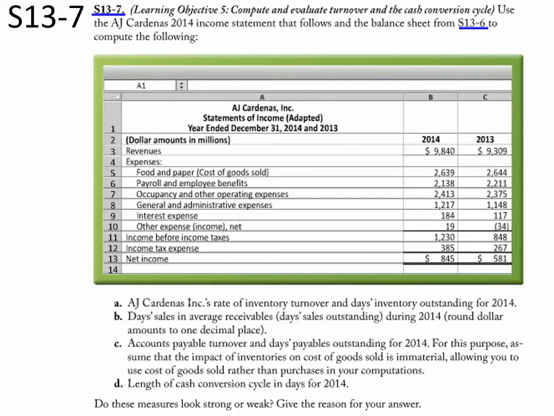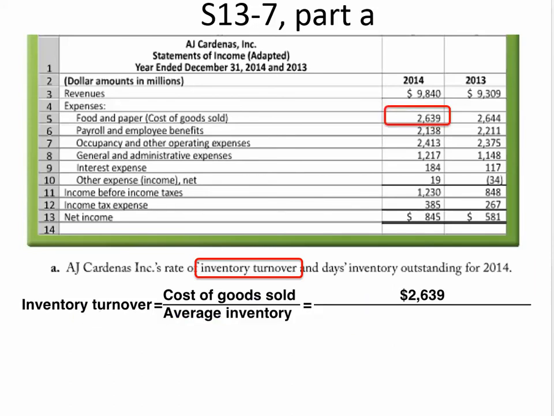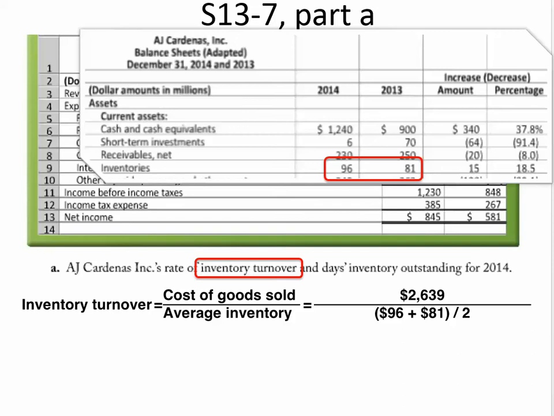So we're going to get started. This is just applying the equations to each one of these. The inventory turnover ratio is calculated as cost of goods sold divided by average inventory. So when we do that, we're going to take cost of goods sold of $2,639, and divide by average inventory. Now, something to note here with average inventory, we're going to take 2014 end of year plus 2013 end of year, add those together and divide by 2.